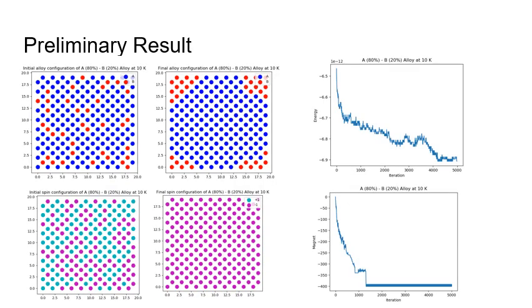From this figure, we can clearly see that the AB alloy tends to segregate at low temperature. Also, the spin tends to align at low temperature to minimize the system energy. As the temperature is low, the energy easily achieves convergence.